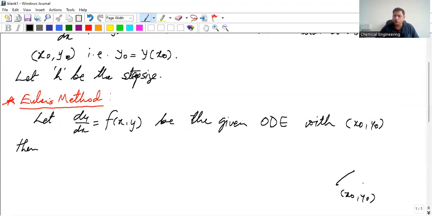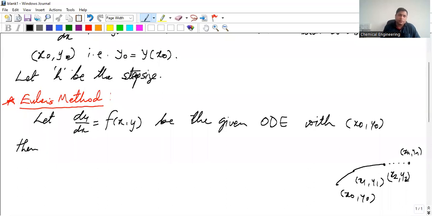Then we'll move to the next point x1, y1. Then we'll move to the next point x2, y2. And so on. We'll reach the particular point where we want x and y. So these are actually the segments that we are approximating.